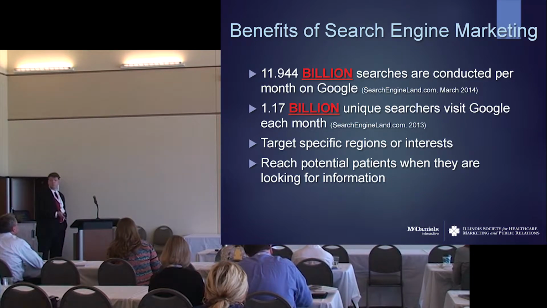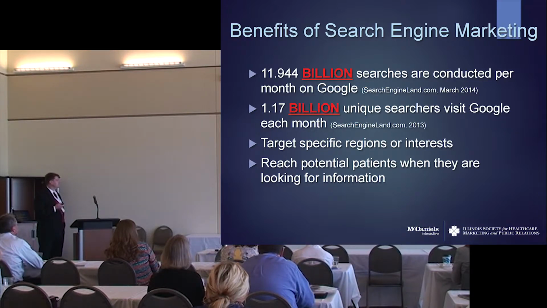If you're on the edge of a broadcast area, you're wasting some of those dollars. With search engine marketing, a lot of online marketing, you can target specific locations, or with mobile advertising, you can target people whose GPS is pinging in a specific region. And again, the other benefit is you can reach potential patients and clients when they're looking for information, because now we are actively searching for everything.